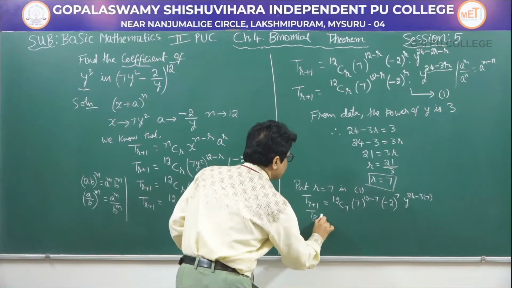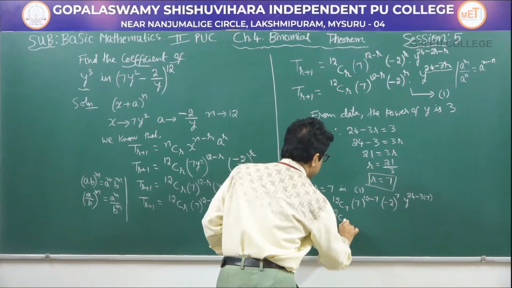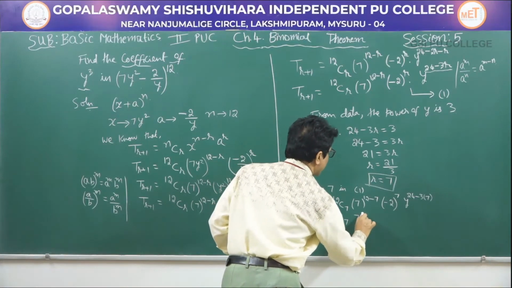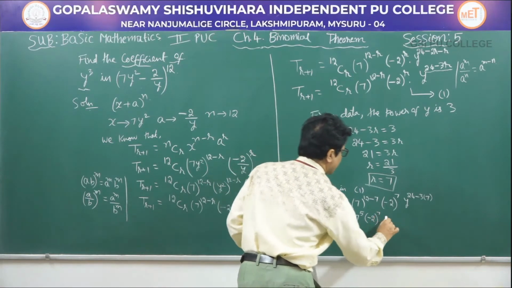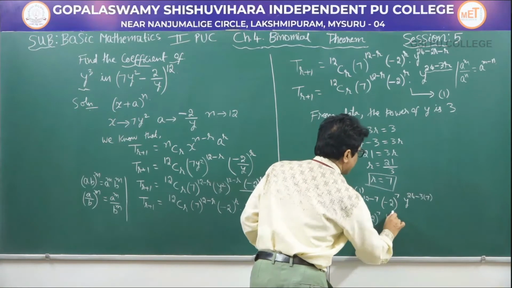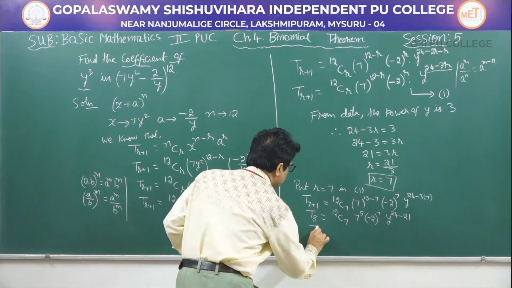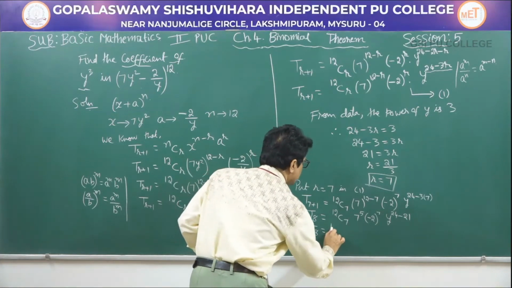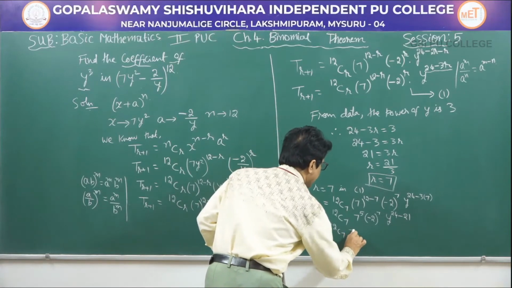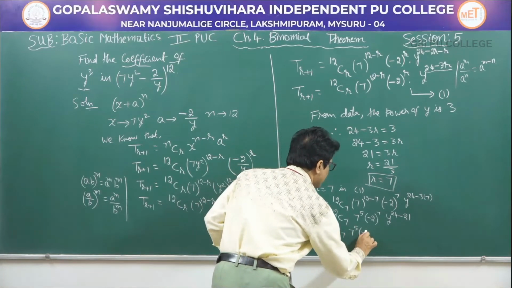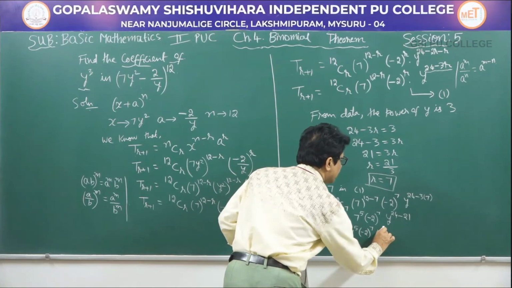So T8 is equal to 12C7 into 7 power 5 into (minus 2) whole power 7 into y power 24 minus 21. So T8 is equal to 12C7 into 7 power 5 into (minus 2) whole power 7 into y power 3.